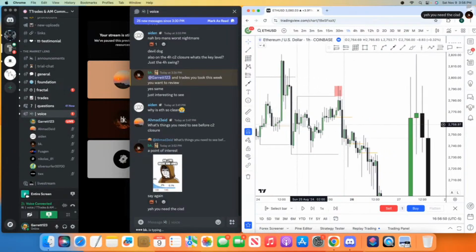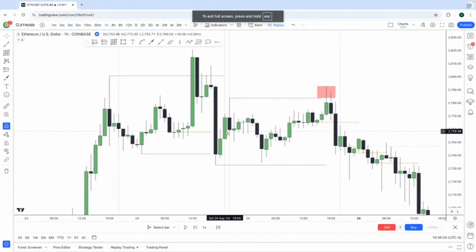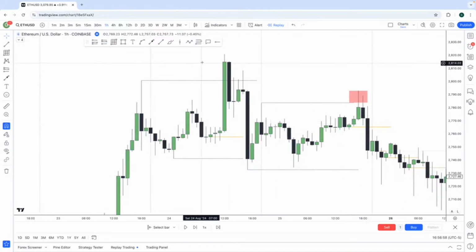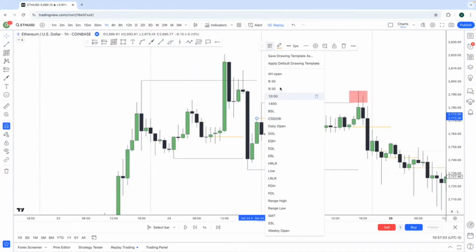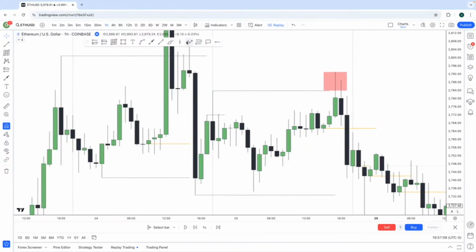Also, you could technically, correct me if I'm wrong, do the candle entry technique where you see how you have this closure inside of the key level. You know what I'm saying? Can't you technically enter this? It's just a lot more risky. Hold on. You know how he does this?